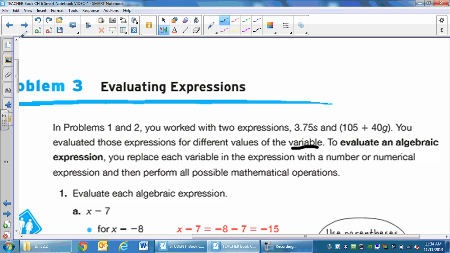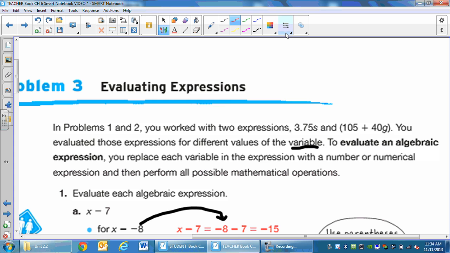So x minus 7, and I want to do that for x equal to negative 8. So where the x is, I would plug in negative 8. So I have x minus 7, and then I'm going to put the negative 8 where the x is. So I'll do x minus 7 equal to negative 8 minus 7.